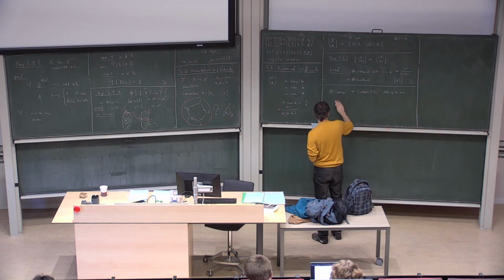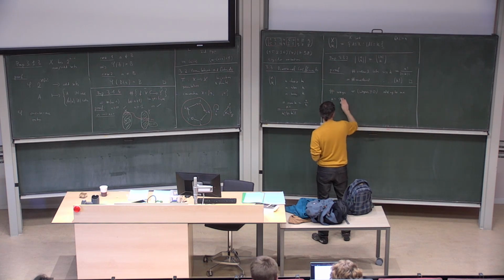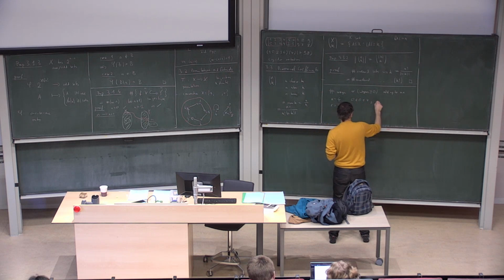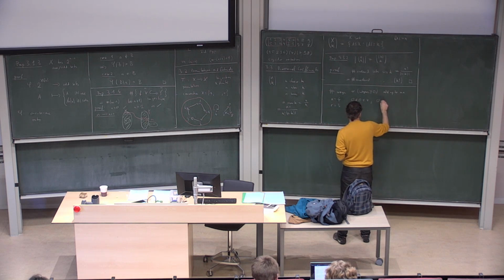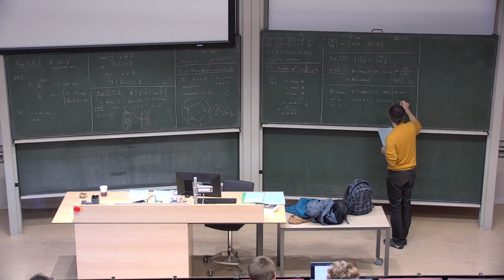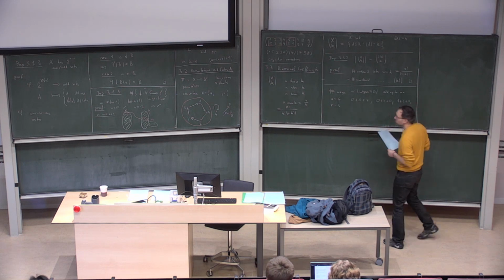So maybe n equals 5, and then we would have, that's already too large. n equals 4, and then let's say r equals 3. Then we have 0 plus 0 plus 4, or 0 plus 4 plus 0, or 1 plus 2 plus 1, and so on.